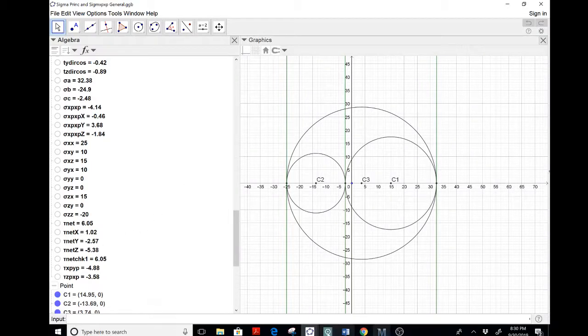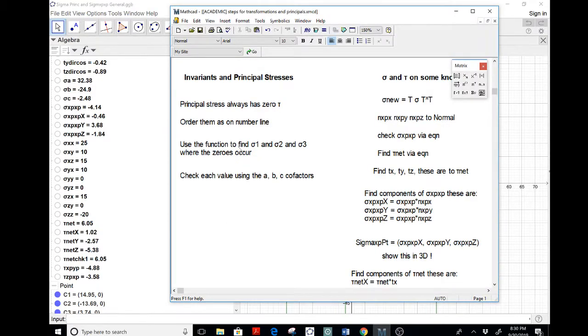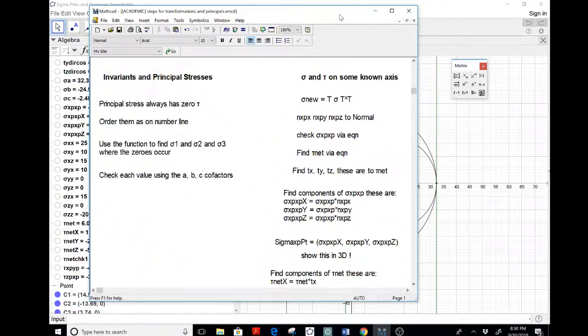All right. What's on our list here? I've already gone into the other column here. So, like I said, the invariance and the principal stresses are pretty quick. I'll talk about this triple Mohr circle next time. Now we're moving on to this column here. So sigma nu, the fastest way of doing it is T times sigma times T transpose.